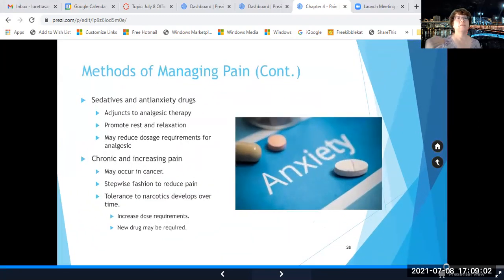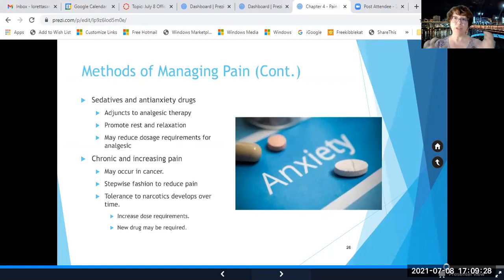Other drugs are often prescribed for managing particularly chronic pain. Sedatives and anti-anxiety drugs like Xanax and things like that can be used as adjuncts to analgesic therapy to promote rest and relaxation, to take the anxiety component out of the pain reaction.